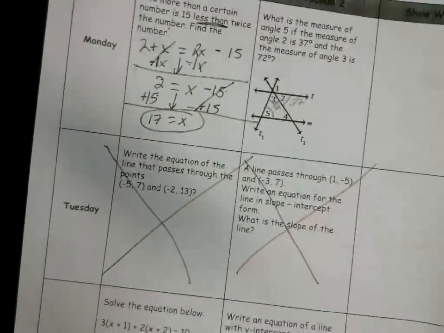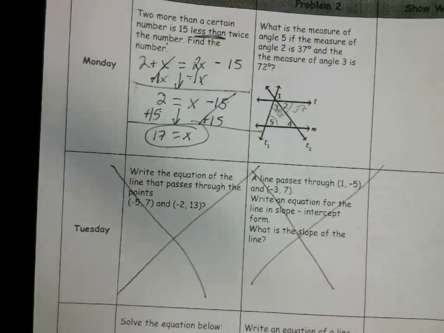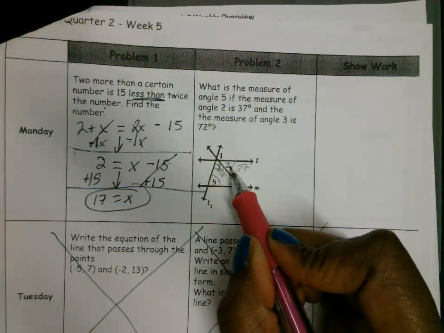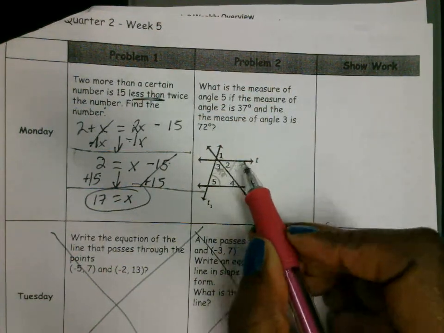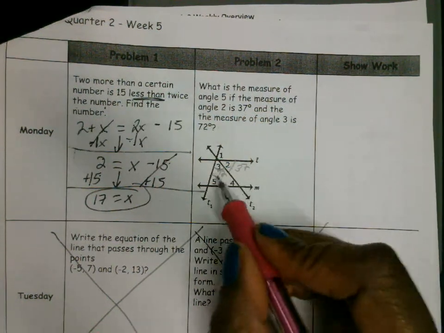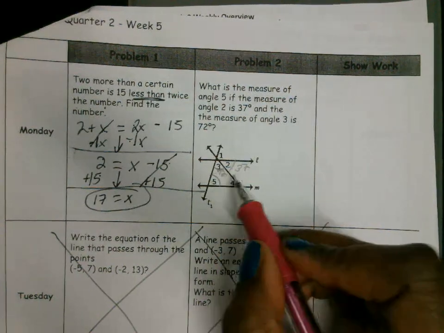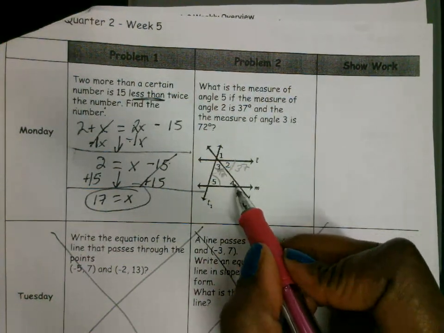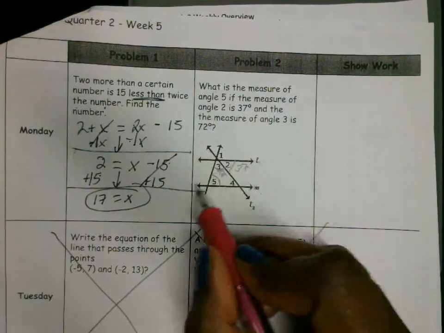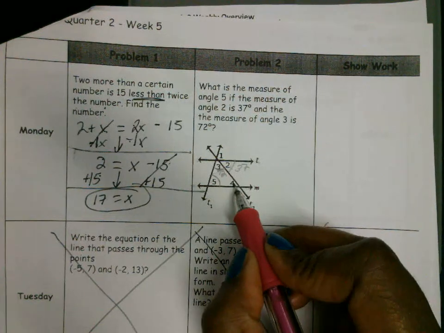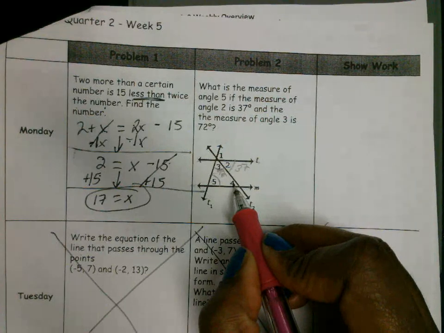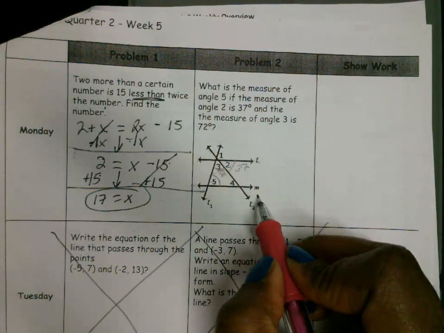Okay. All right, remember the exterior angle. This is the exterior angle here. We're trying to find the measurement of this angle. These two lines are parallel here. The measurement of this angle is going to be congruent to the angle that's vertical.